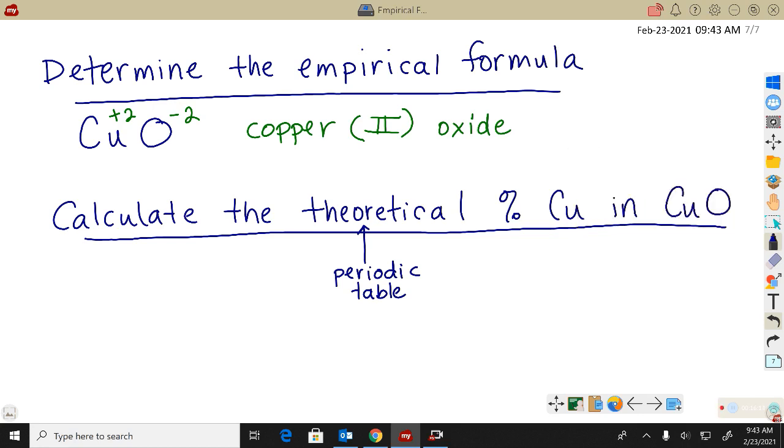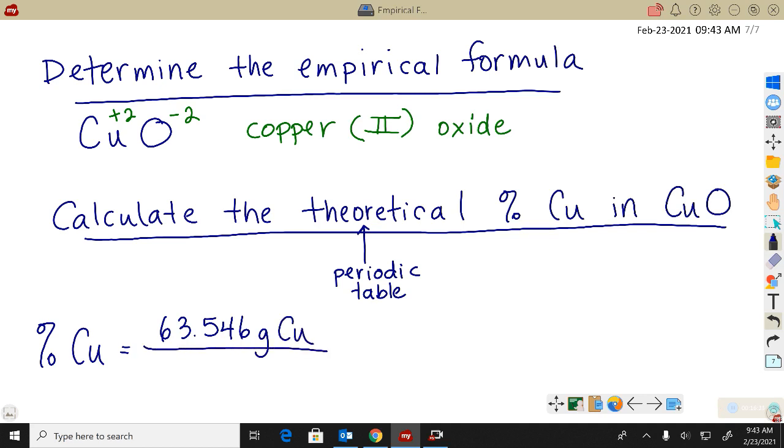All right, so we're going to use my periodic table to say percent copper. Well, it's a 1-to-1 ratio, so 1 copper, 63.546 grams of copper, divided by the molar mass of copper oxide.